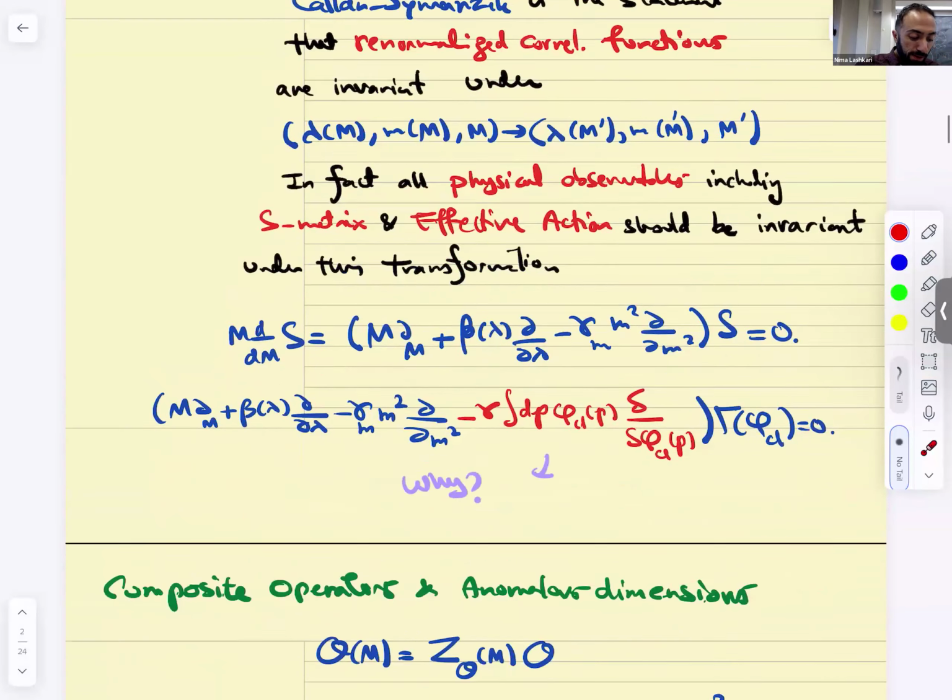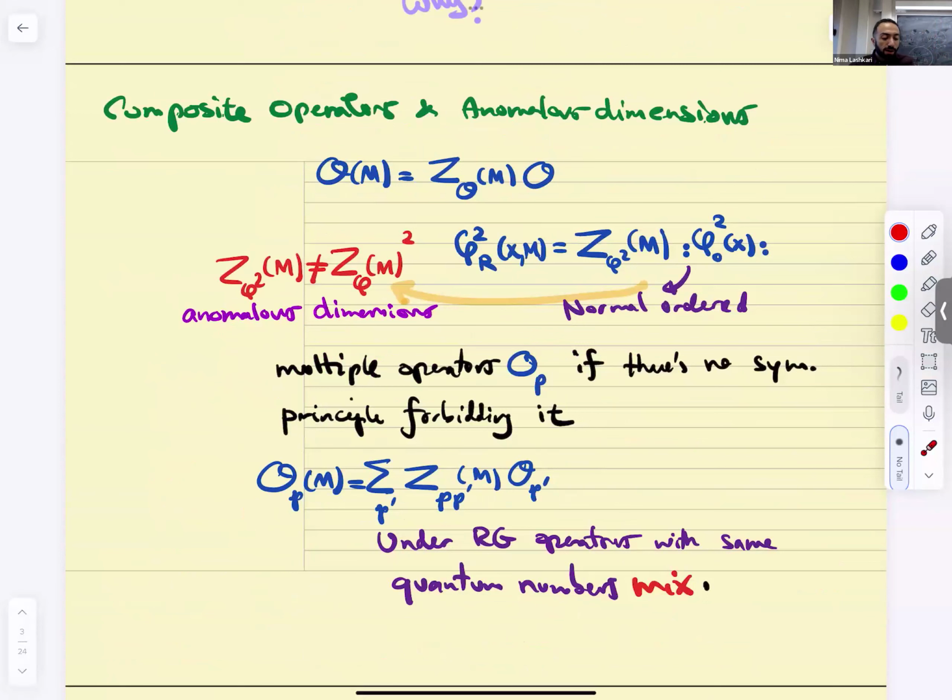All right. We talked about composite operators that we were just discussing. So we said that an arbitrary operator O of M will have some sort of a transformation under RG like this. For example, if it's like a phi squared term, this renormalization factor might not be Z of phi squared, and the difference between the two would contribute to what we call anomalous dimensions.